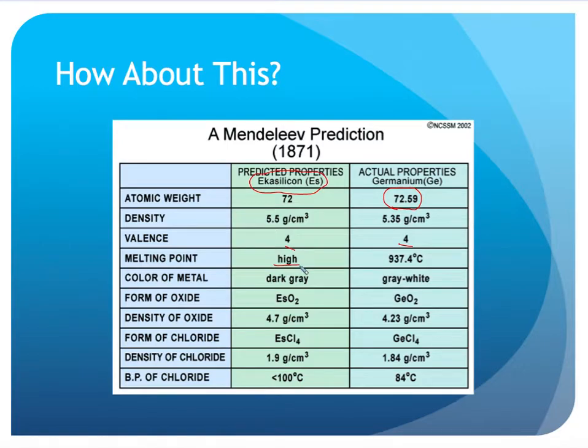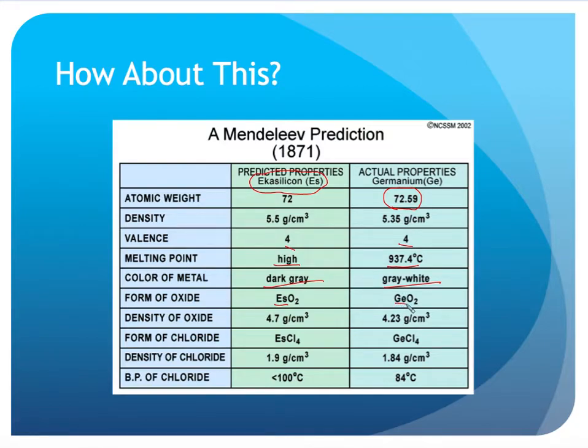Melting point, he said high. I would call 937 degrees Celsius really high. Color, dark gray, gray-white. This might be the most off he was in his entire prediction. When it bonds with oxygen, he predicted it was going to be one of these and 2 oxygens. It's currently one of these and 2 oxygens, so he was exact.